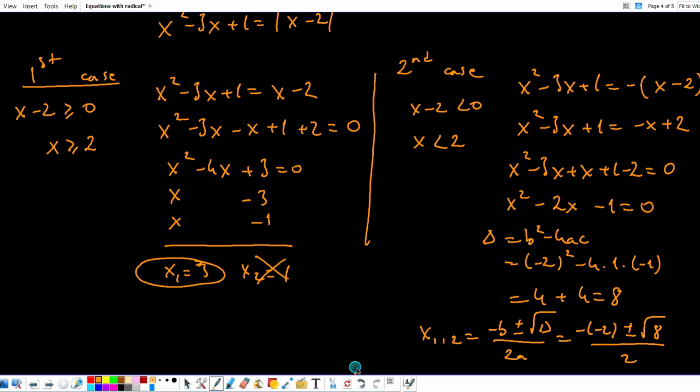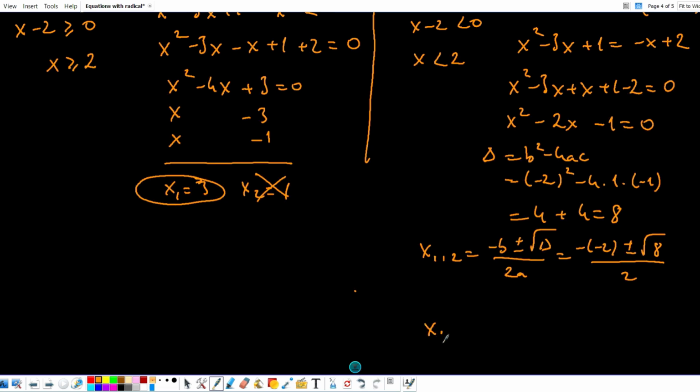So the result will be x1 and x2 equal to 2 plus or minus root of 8, which can be written as 2 root 2, over 2. Then here you can simplify the 2's and the result will be 1 plus or minus root 2. And you will check if it works for this case.